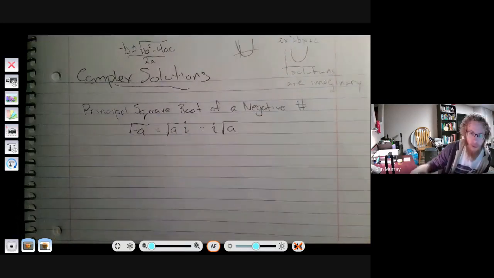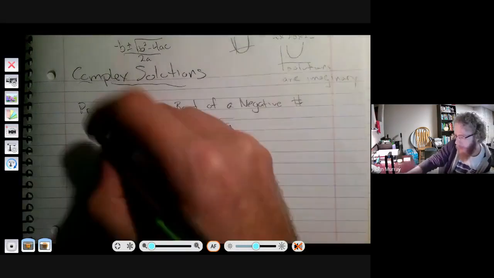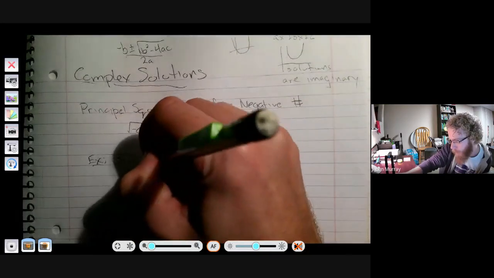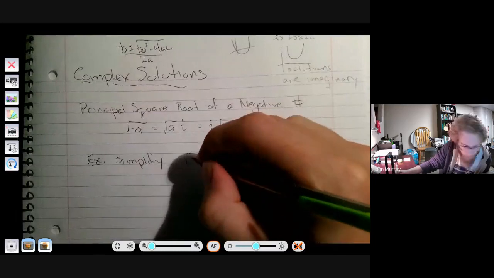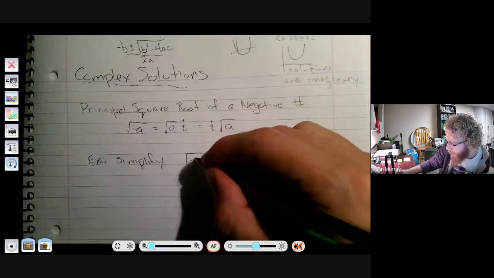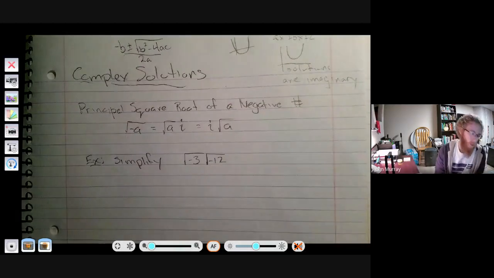That's our symmetrical property of multiplication. So let's take this into practice first before we move on to actually finding solutions. Here we're going to simplify the square root of negative 3 times the square root of negative 12.